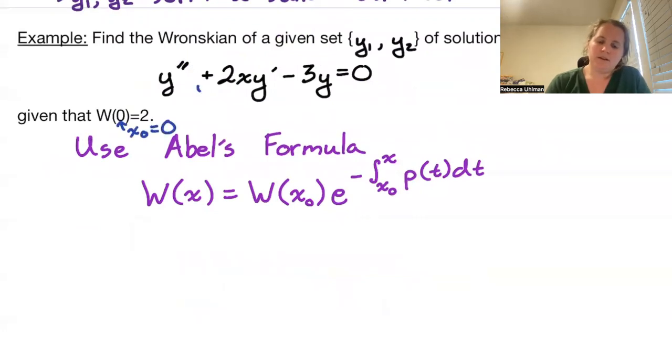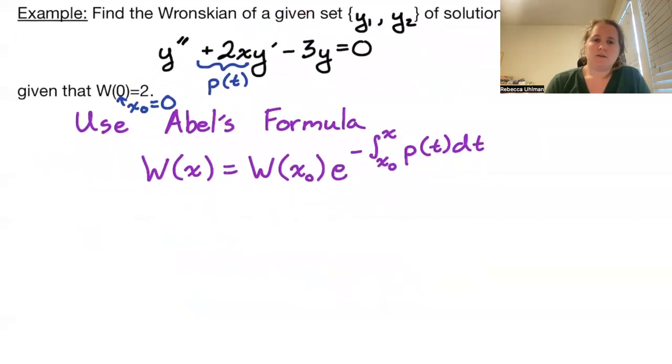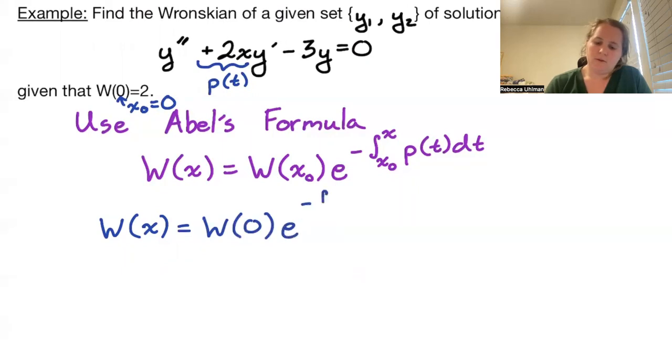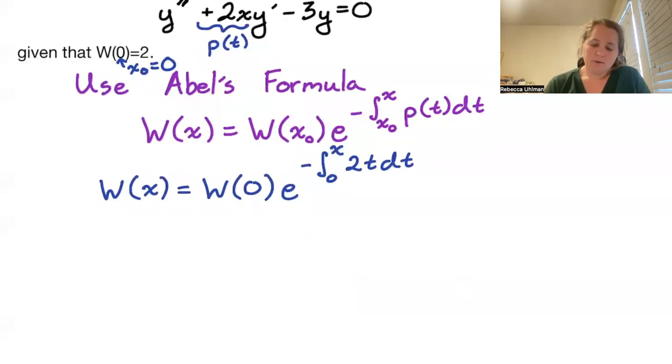Our formula is in standard form. We don't have anything multiplying y double prime. So our p of t is 2t. So what we have is, in this case, w of x is equal to w of 0 times e to the negative integral from 0 to x of 2t dt. W of 0 was equal to 2.